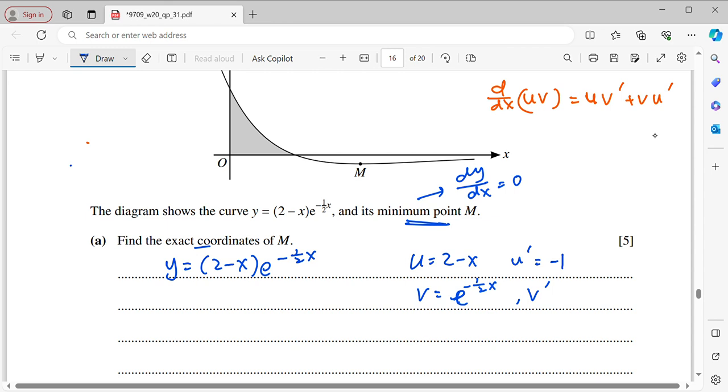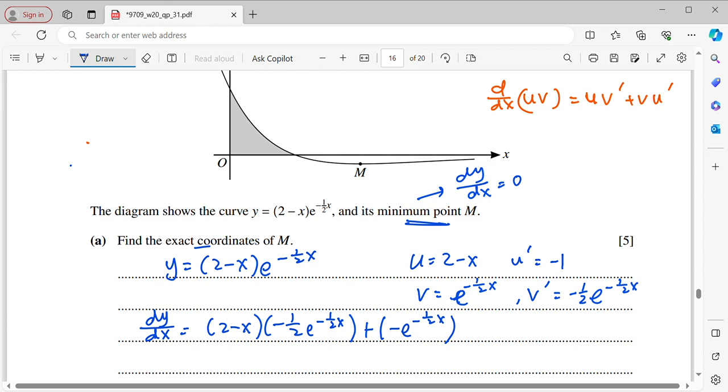Then the v prime, to differentiate exponential, you rewrite the whole exponential function and then differentiate the power of e. So we differentiate negative half x, it is going to be negative half. So then my dy dx will be 2 minus x, which is our u, and then negative half e negative half x, this is my v prime, plus u prime v. So I will get negative e negative half x.